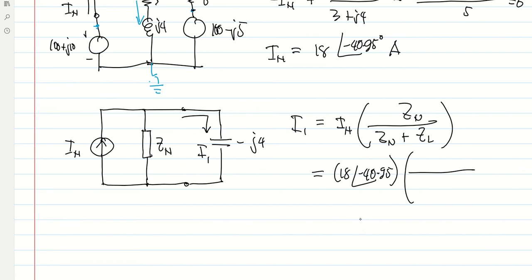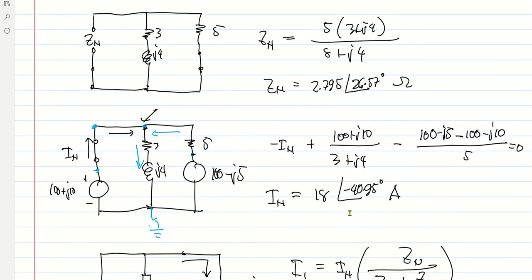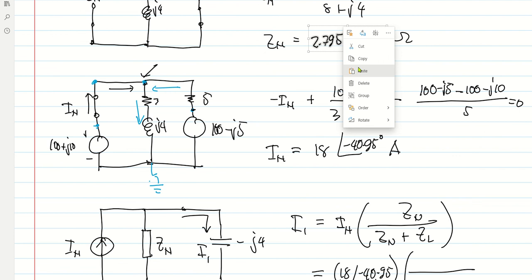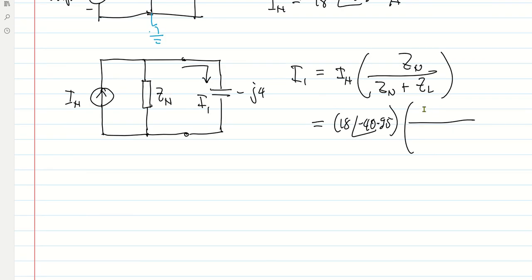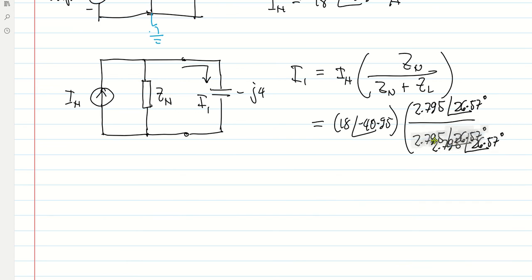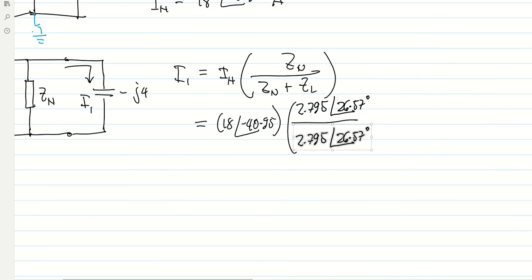Then we have ZN, our ZN is 2.795 angle 26.57. Then we add this with the load impedance, negative J4, all over, because that's the impedance of the load. And calculate now for I1.